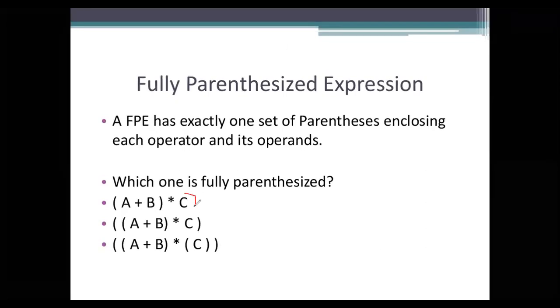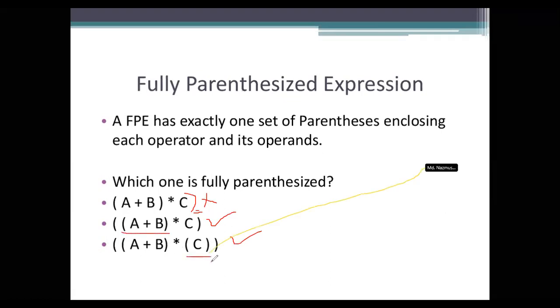We can clearly see this one is not accurate because a bracket is missing, the one I have just drawn in red. But between these two, which one is correct? This becomes a little confusing. Should we have a bracket before C, or should we not?